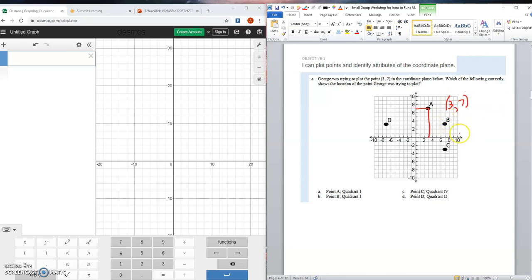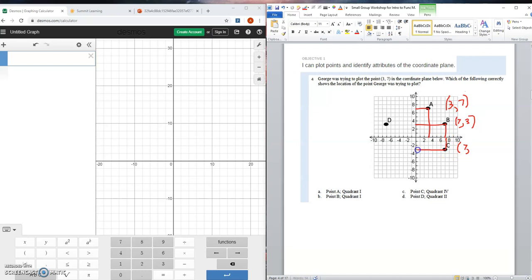Just for practice, let's have fun and get the coordinates of all the points. Looking at B, I connect it to the x, which gives me a 7, and to the y, which gives me a 3. Now go to C: connect it to the x, and we have 7 again.